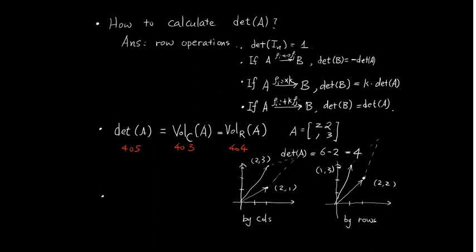Okay, now lastly, we also have a section 402. It is basically saying, if you are doing a lot of row operations, then you can find a lot of elementary matrices so that the product equals the reduced echelon form.